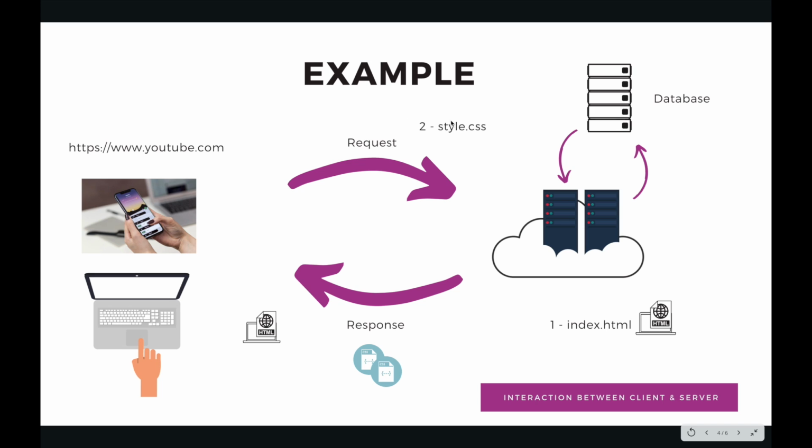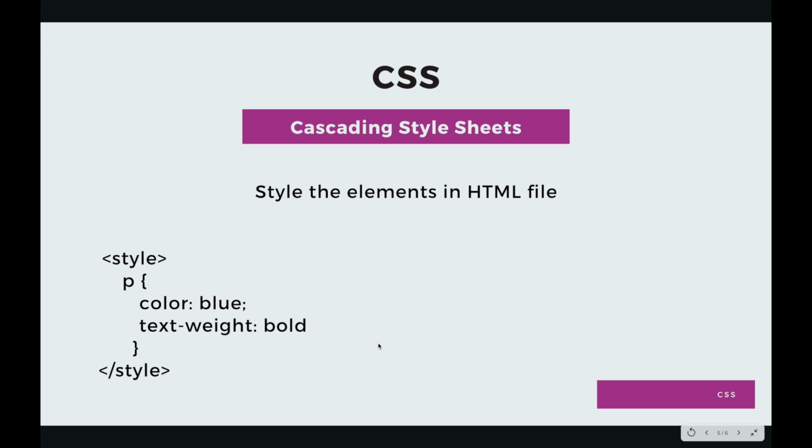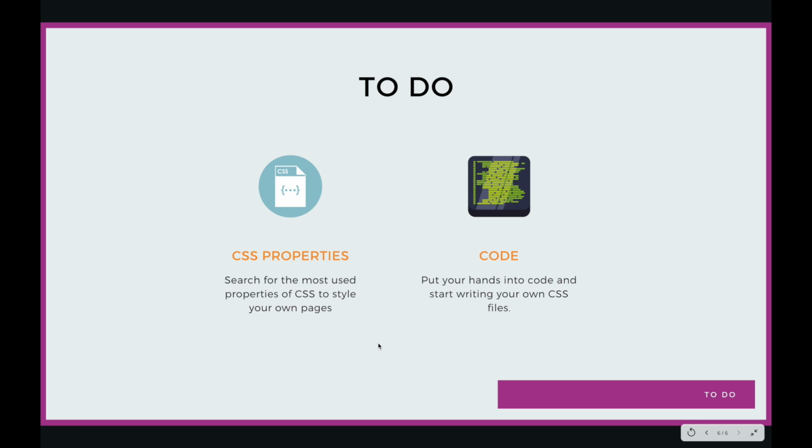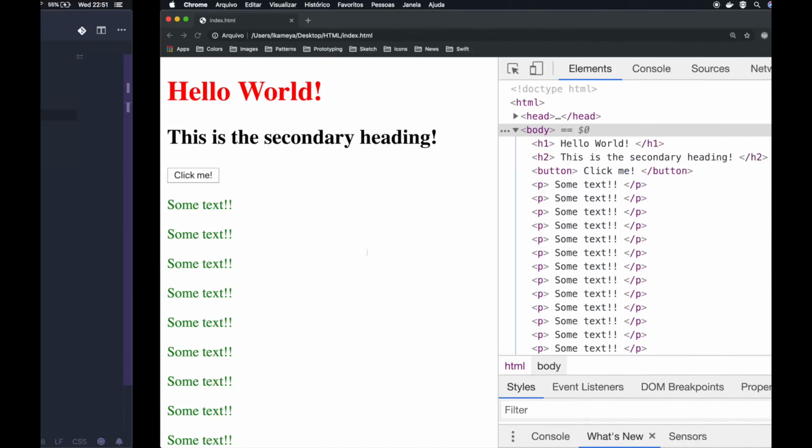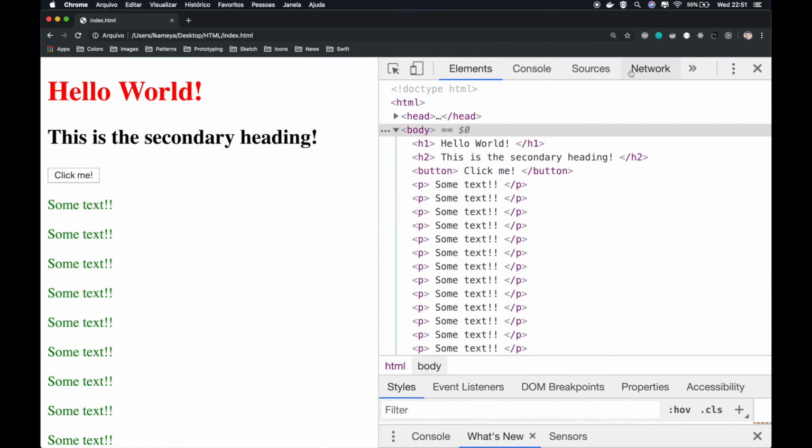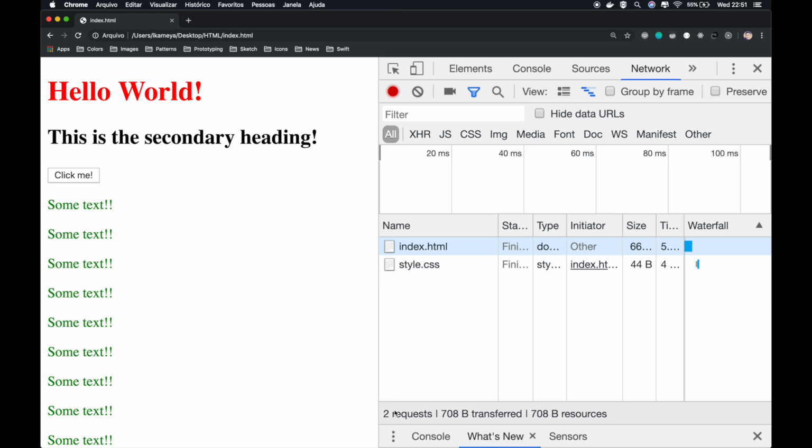And then our browser is going to make another request to the server, but now looking for the style.css file. Then the server sends this file back to our client, and we can see the style being applied to our HTML file. In this case, we have to make 2 requests to make our web page appear the way we want.